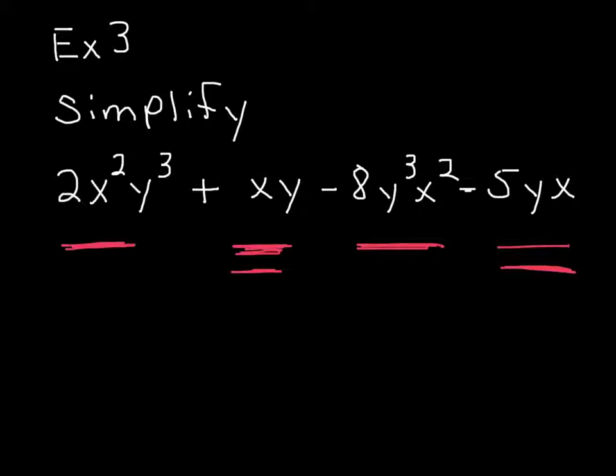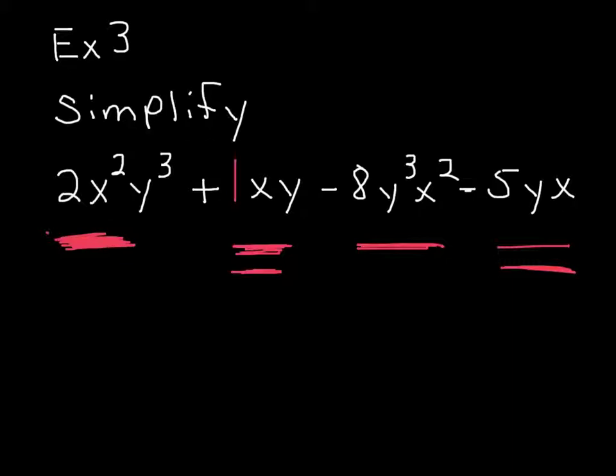Now let's take a look at this one right here. Remember, there's really a 1 in front of it. Now let's combine like terms. Let's do the one-liners first. Look at the sign in front. Is the 2 right here positive or negative? There's not a negative sign in front of it, so it's positive. That's a positive 2.